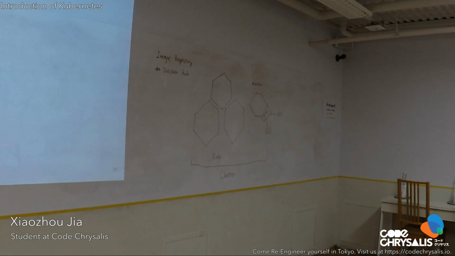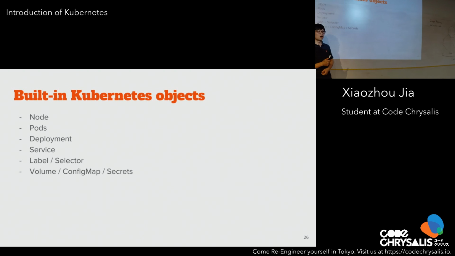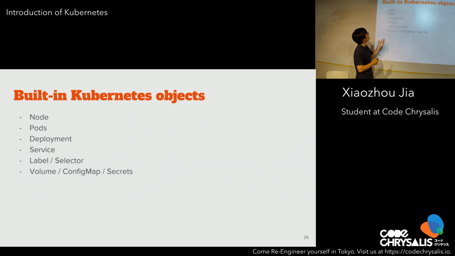And the first time I tried to learn Kubernetes, I was totally lost by all those concepts. Node, pod, deployment, service, label, selector. Many concepts if you try to look into Kubernetes.